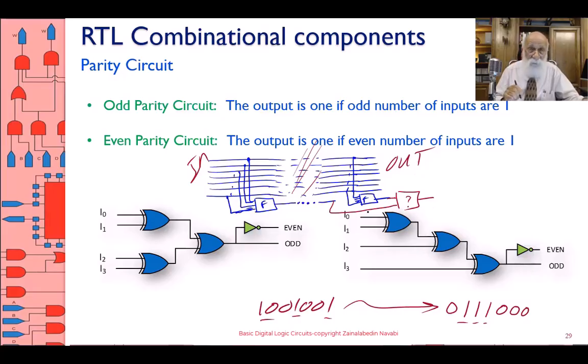And then the compare. Let's look at compare. A, B, 0, 0, 0, 1, 1, 0, 1, 1. Okay, let's say equal. This becomes 1. An equal circuit is nothing but an XNOR circuit.